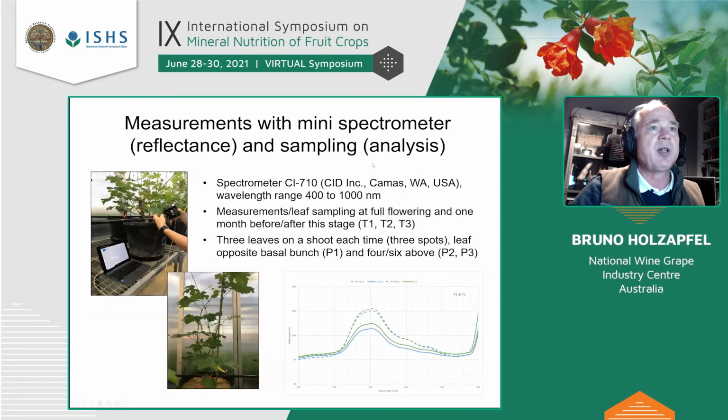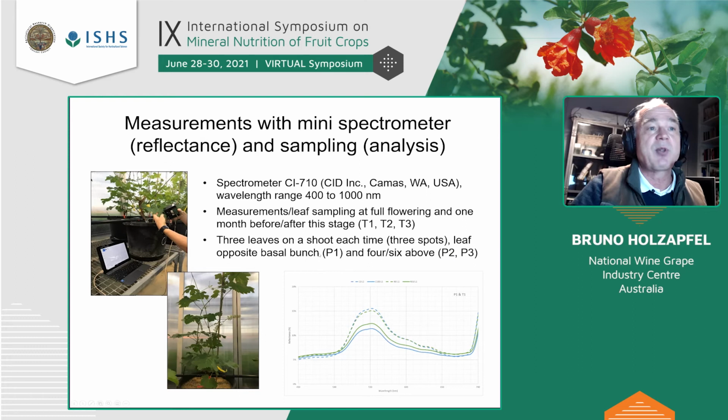So we used a spectrometer for this. We measured a whole range of wavelengths, but we did this over 3 times. And we also did that at 3 spots on one leaf, and the leaf opposite the basal bunch, that's the most critical one in some respect, because that's where we do all our standards from.